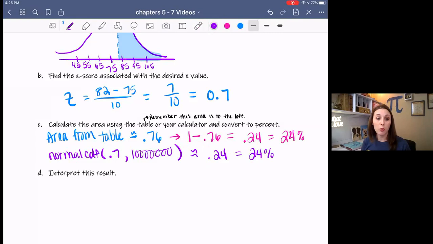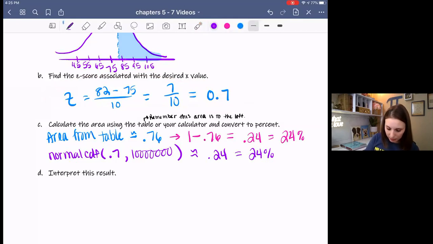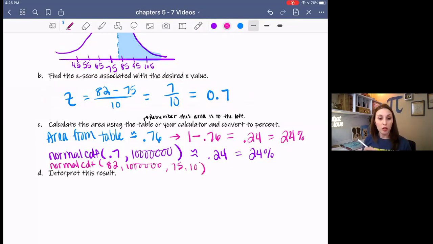I do want to, however, point out that if you don't standardize the variable, so let's say you chose to skip this step right here. If you go grab normal CDF, and we want from 82 to infinity with a mean of 75 and a standard deviation of 10, it will kind of do the z-score in the programming of it.